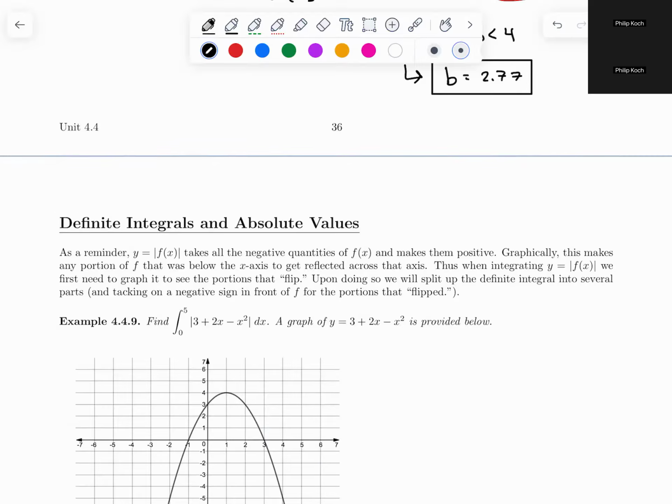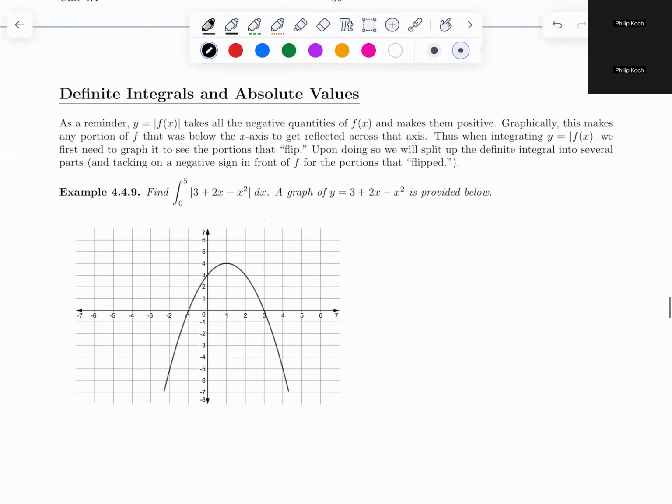So it takes all the y values and flips them upwards. As I said up here, basically it takes any piece that was negative and reflects it across the x-axis. So this is the function f of x. The function absolute value of f of x looks like this. This is y equals the absolute value of f of x.